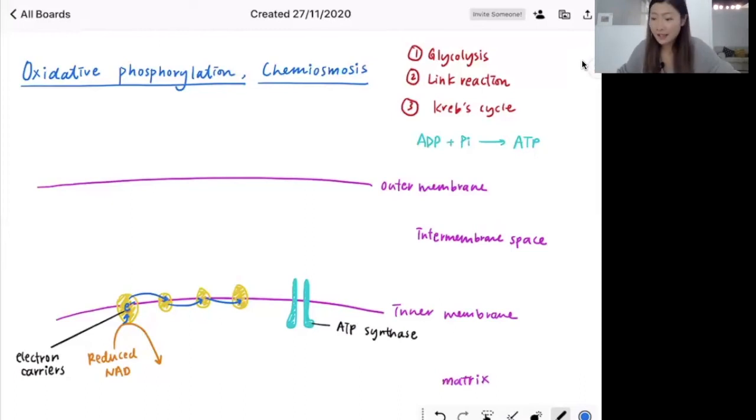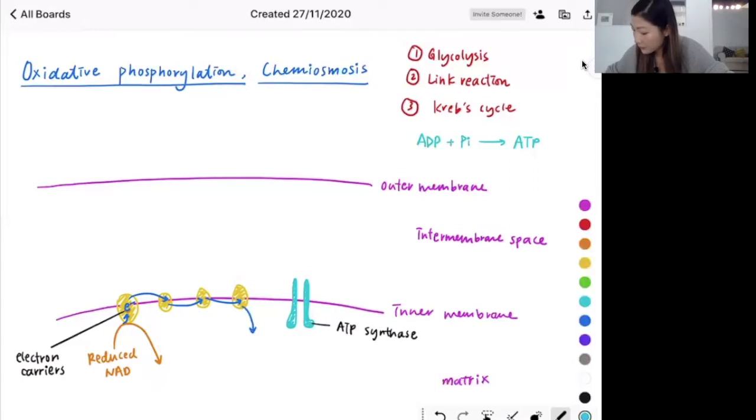So the electron will finally be transferred to a final electron acceptor, which is oxygen in humans. So it will be transferred to the oxygen molecule. Oxygen would pick up this electron, at the same time picking up some hydrogen ion that's released from reduced NAD earlier.